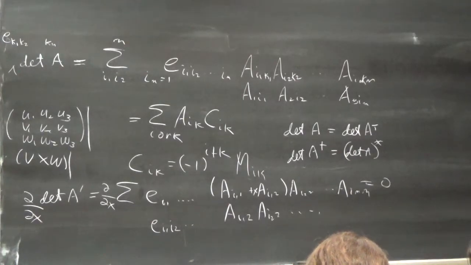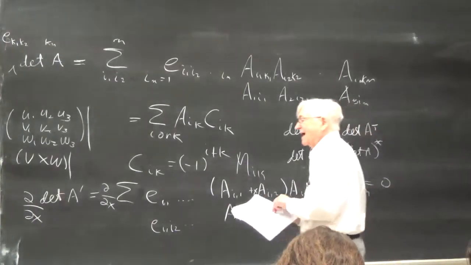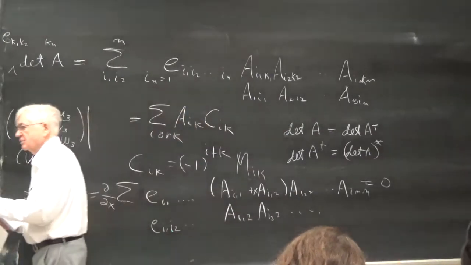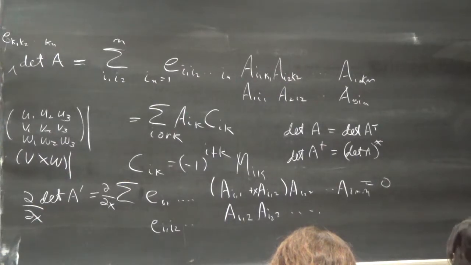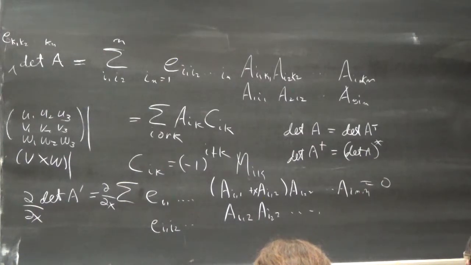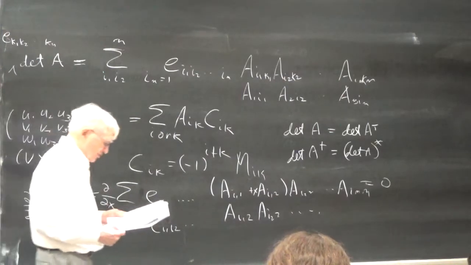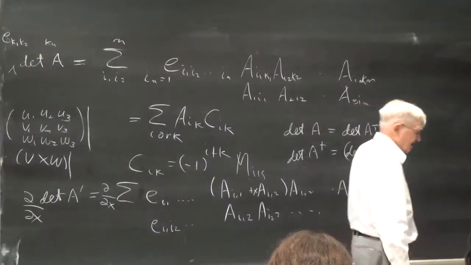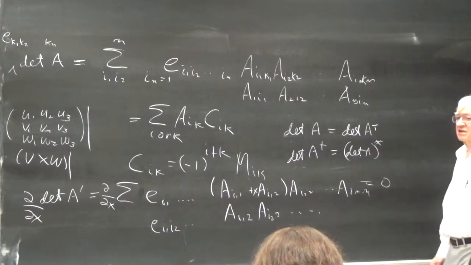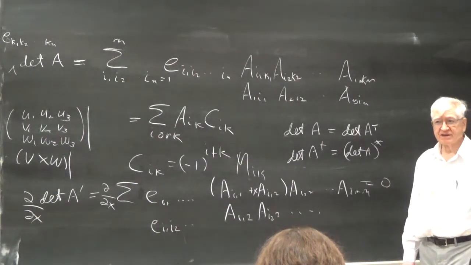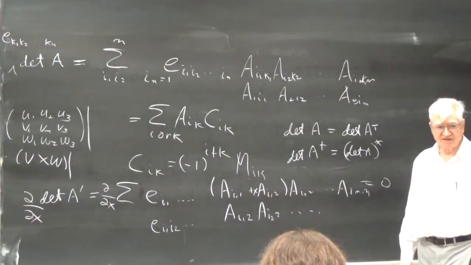So you can add any multiple of any column to any other column, and you don't change the determinant of the matrix. Remember, you take any multiple of one column and add it to any other column, not to itself. And the same thing with rows. What that means then is that if the columns or rows are linearly dependent, then the whole determinant has to vanish.